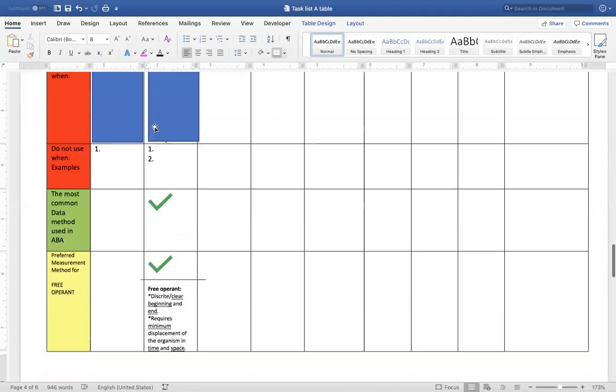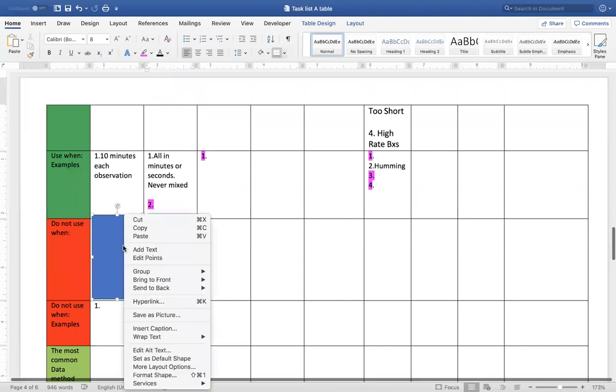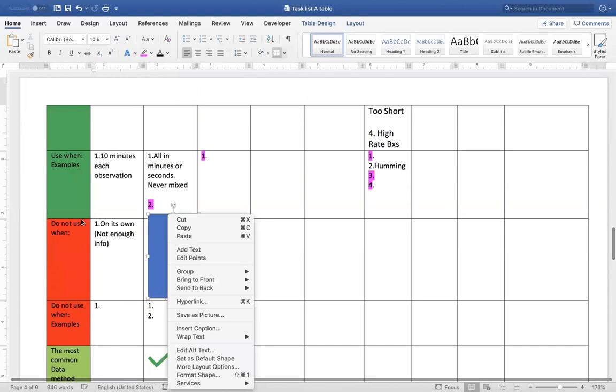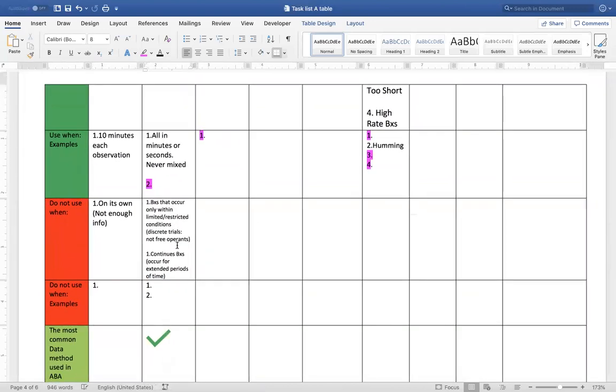It's a mouthful. We'll get it. And those are the last two, which on its own is not enough. I'm not even going to tell you which one it is. Do you know it? On its own is not enough.